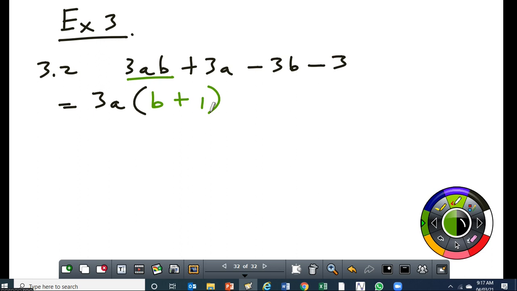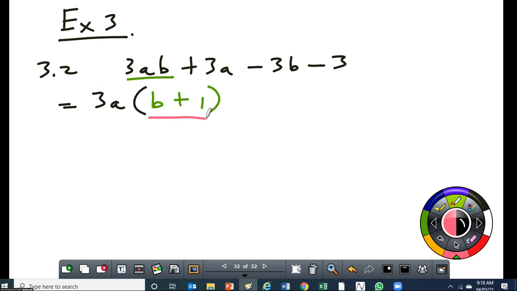Once you create this binomial factor, it should be a clue to you that the last 2 terms also need a binomial factor equivalent to b plus 1. If you did the first part right, the second part should not be very challenging.